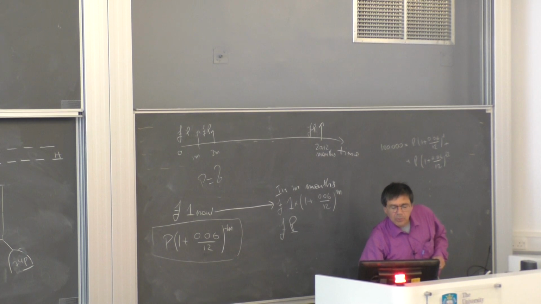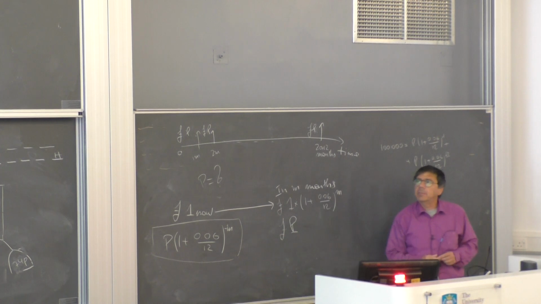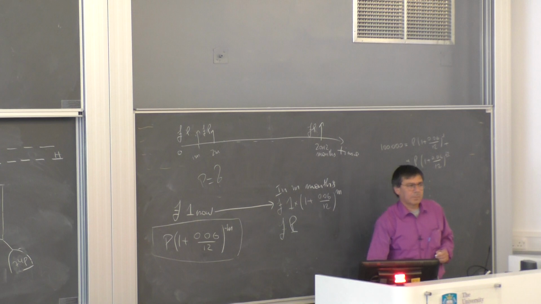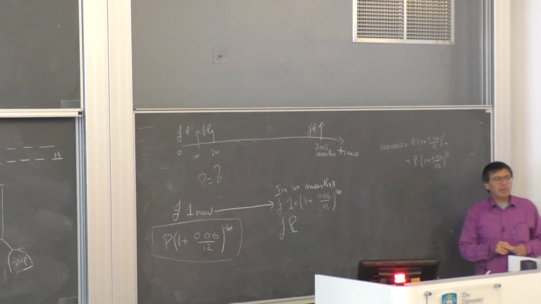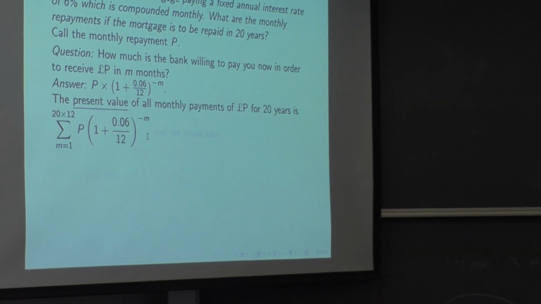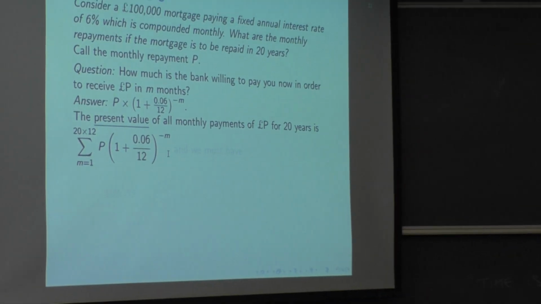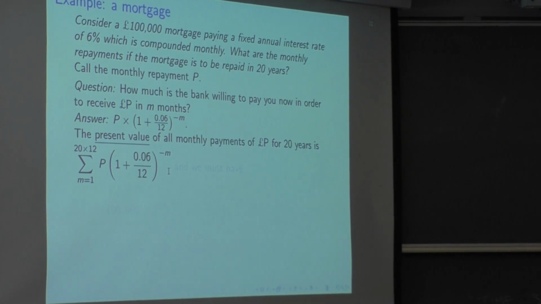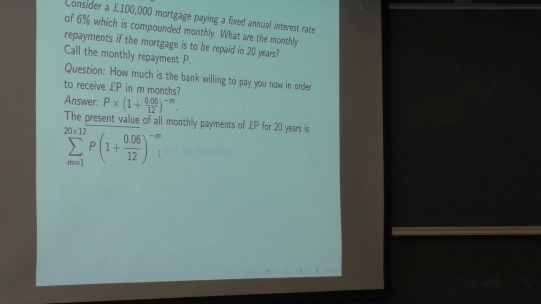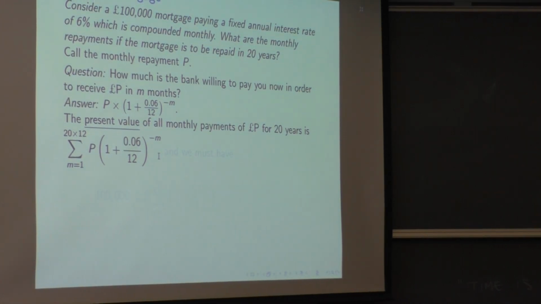I can say the present value of all the monthly payments is the sum. Right? You ask the bank, how much are you willing to pay now in order to receive each one of these monthly payments? So each one of these, for M going from 1 to 20 times 12, is going to say, well, the sum of all these numbers as M goes from 1 to 20 times 12.